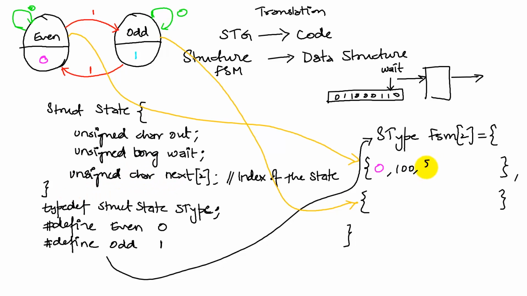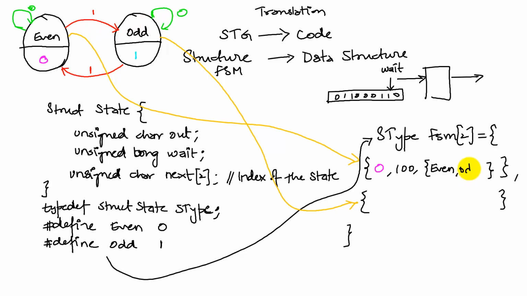Remember, arrays are always initialized using curly braces. What this is saying is, on an input of 0, I stay in even. I'm going to make a note of that. And on an input of 1, I go to odd.